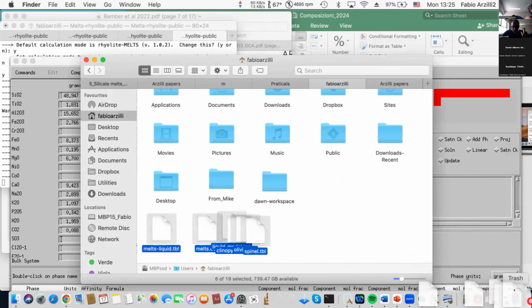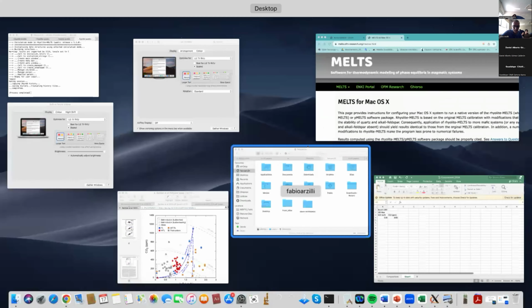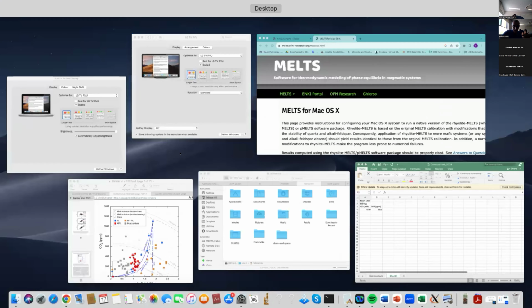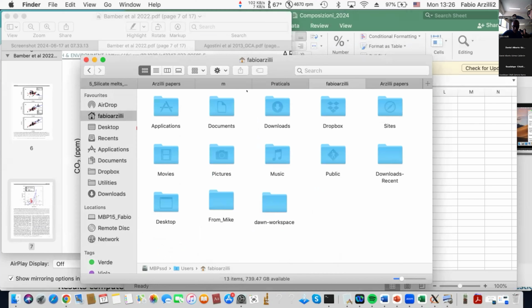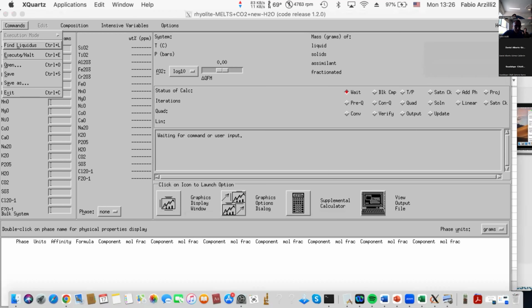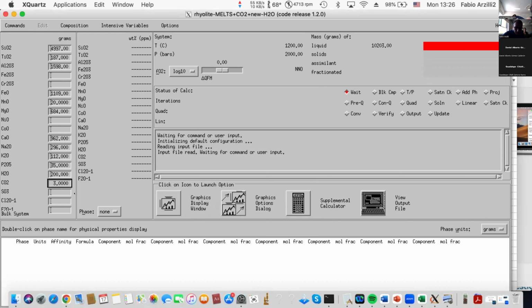What we need to do is do it again with the right values. It should be 30.